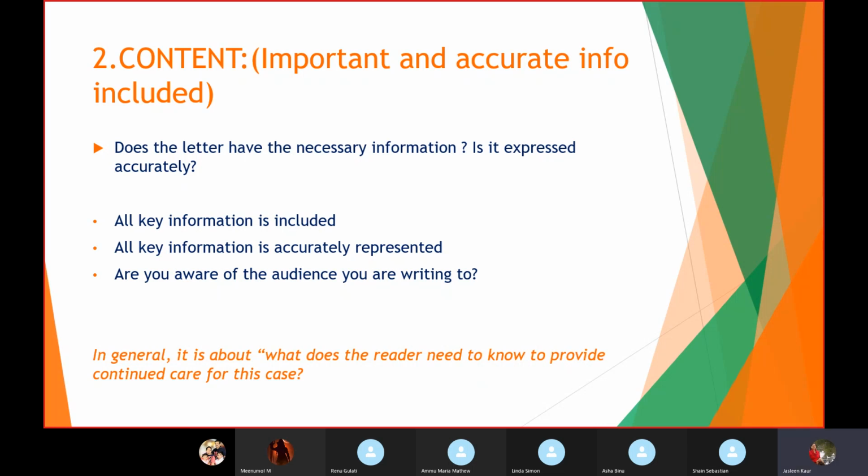So basically, content means what a reader wants to know. If I am the person to whom you're writing a letter, I want to know the explanation in the first paragraph, why you are writing this letter to me. That is the meaning of content. If you have explained it well, you will get 7 band for that.